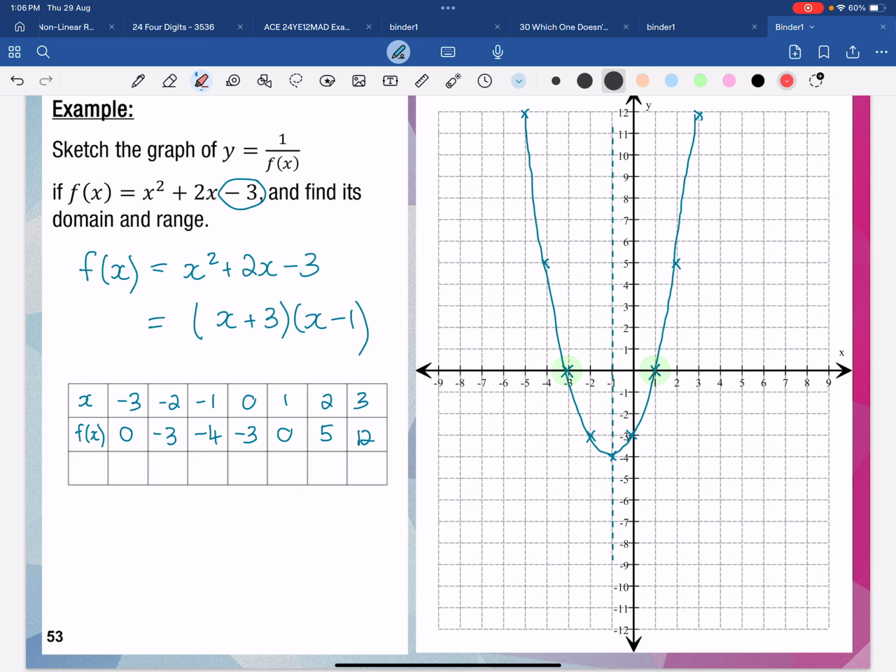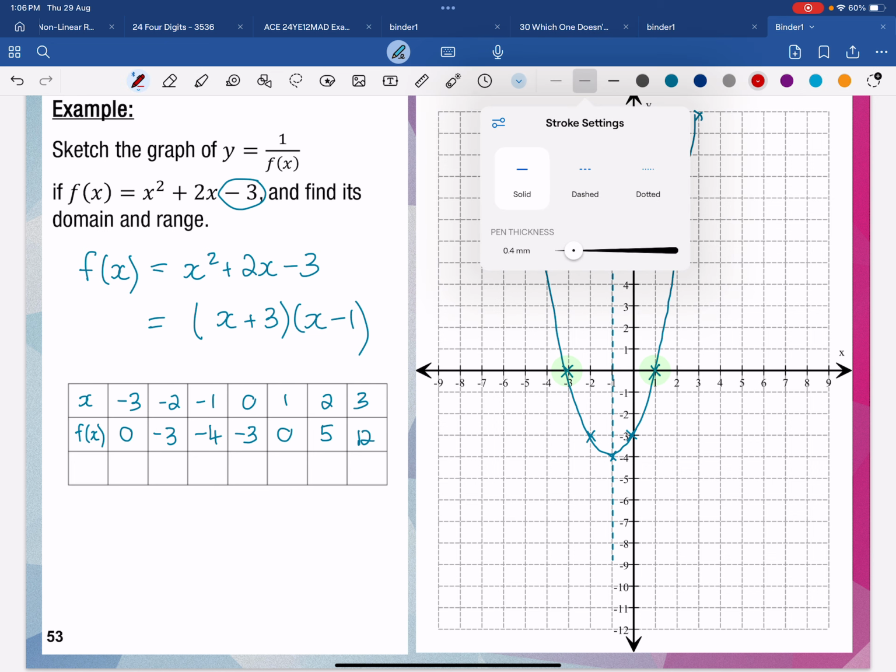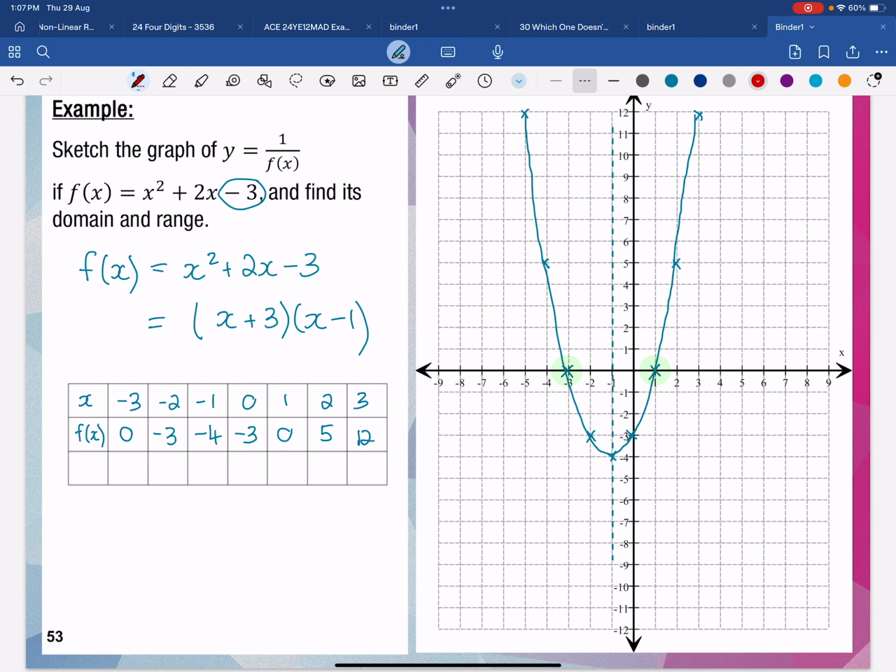So I'm going to switch colours, and I'm going to put in some dotted lines where my vertical asymptotes are going to be. These graphs are frequently in 3 parts. There will be symmetry as well.